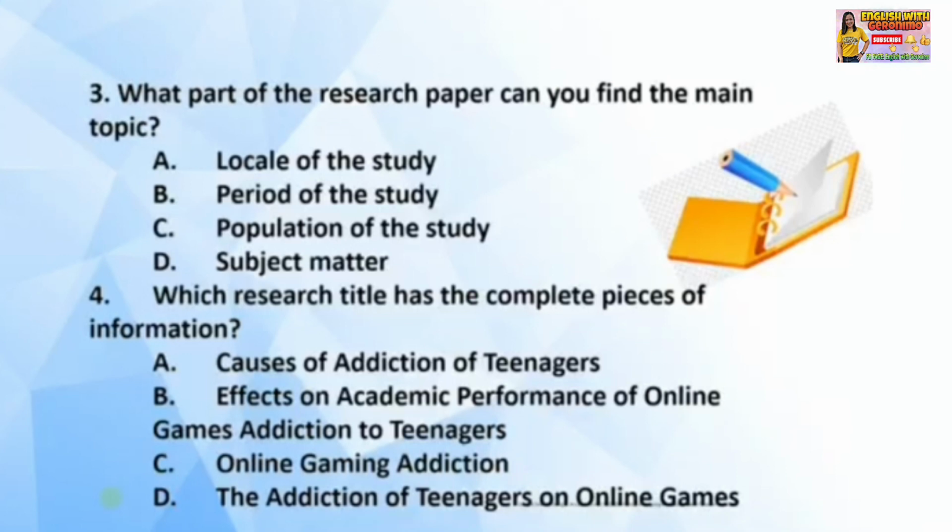Which research title has the complete pieces of information? A. Causes of addiction of teenagers. B. Effects on academic performance of online games addiction to teenagers. C. Online gaming addiction. D. The addiction of teenagers on online games.